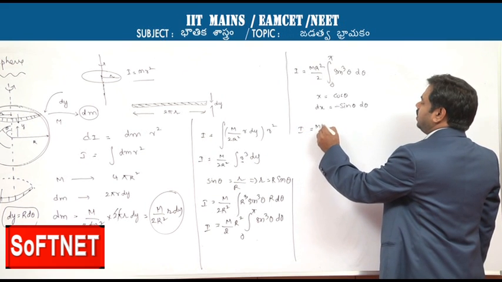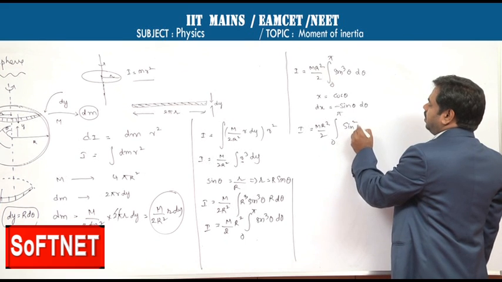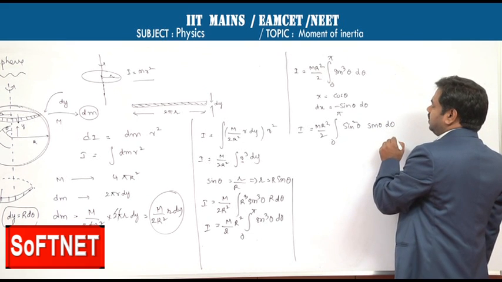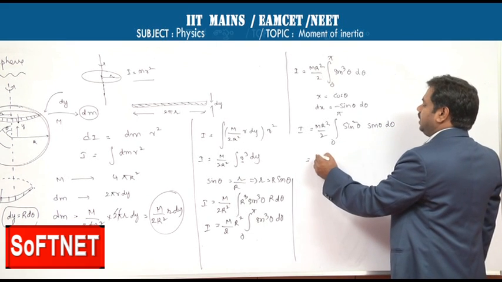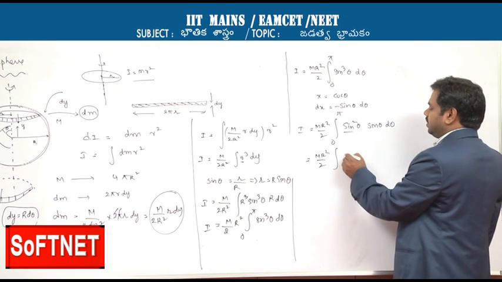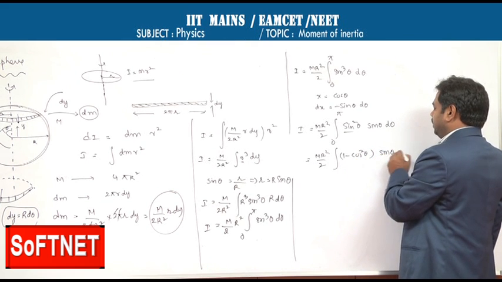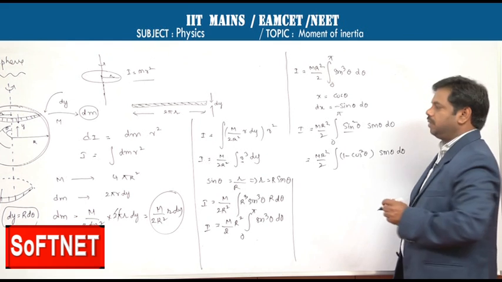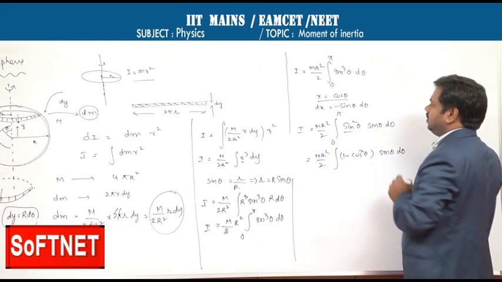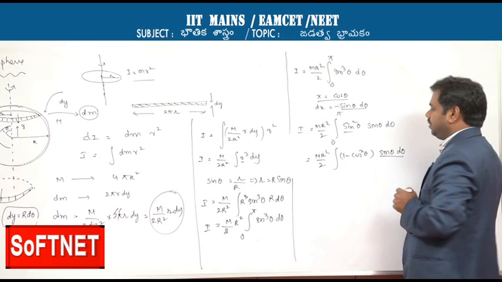How? You see here, mr square by 2 integration of 0 to pi sin square theta sin theta d theta. We can write this equation like this: mr square by 2 into sin square theta, which you already know is 1 minus cos square theta, into sin theta d theta. Now substitute these limits. x is equal to cos theta, then dx is equal to minus sin theta d theta.